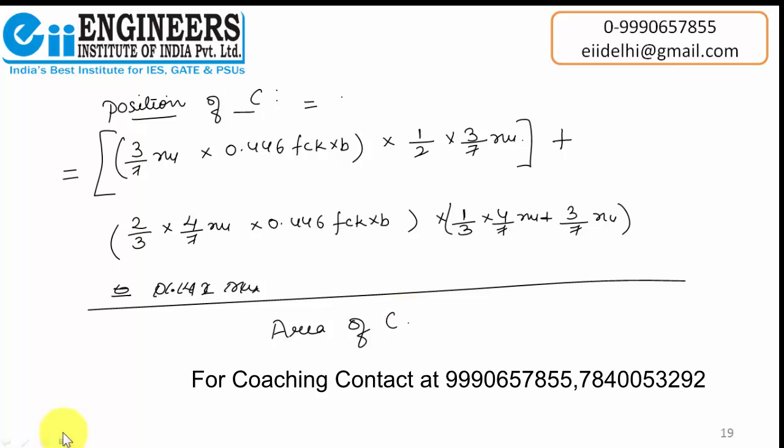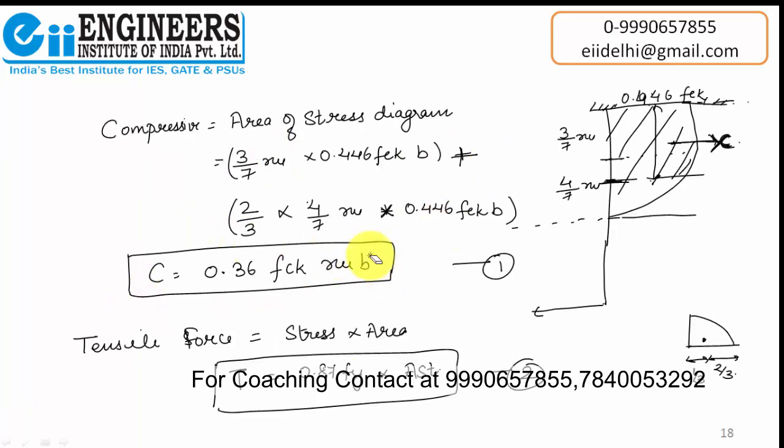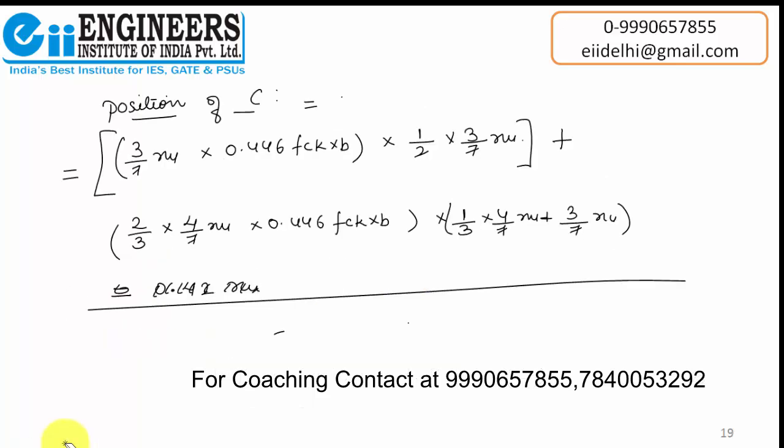That means this whole value we have to divide by this value, that is 0.36 FCK XU into B. So when we solve this, we get the position as 0.42 times XU.